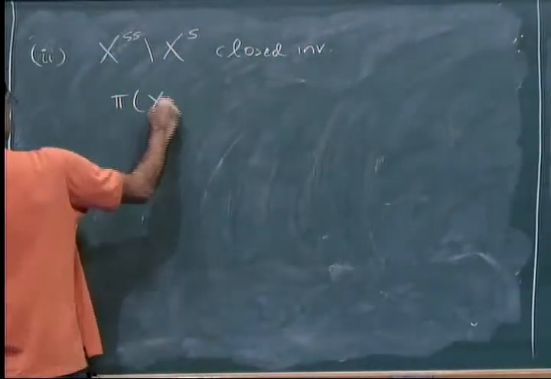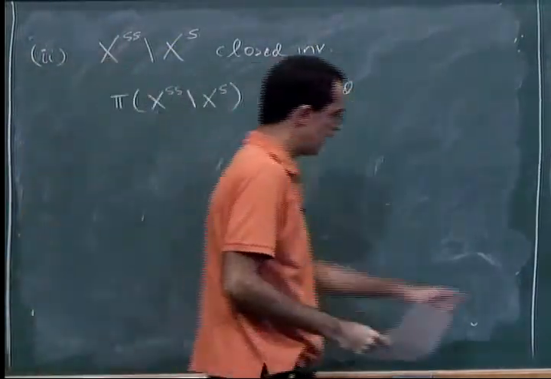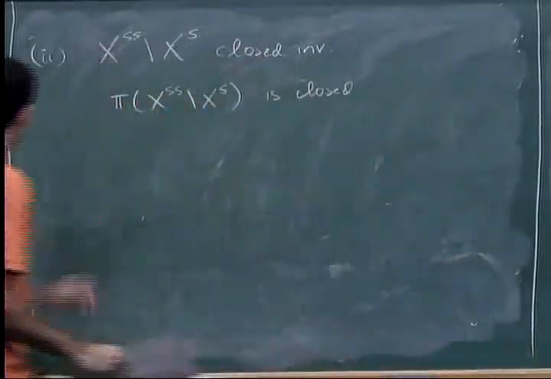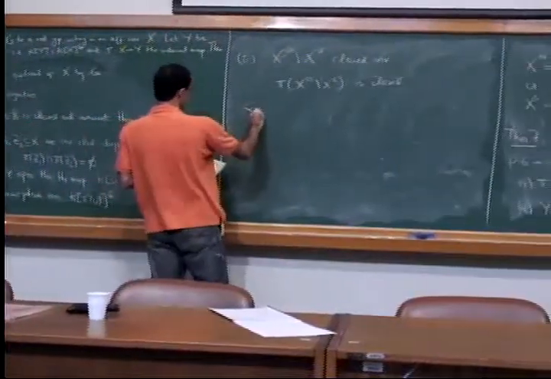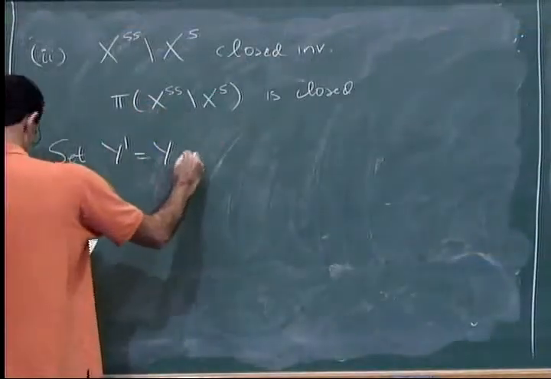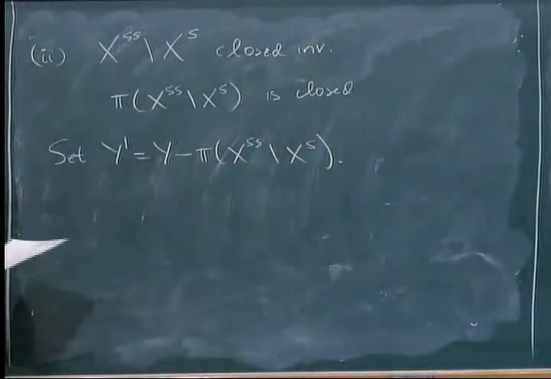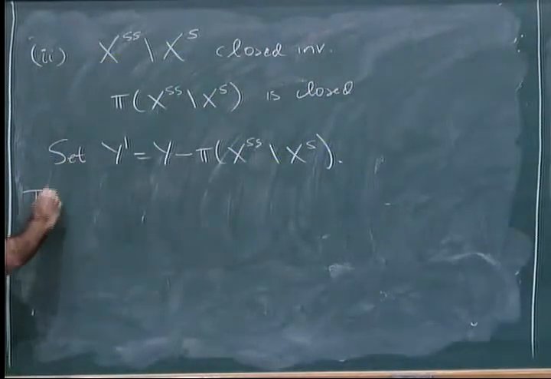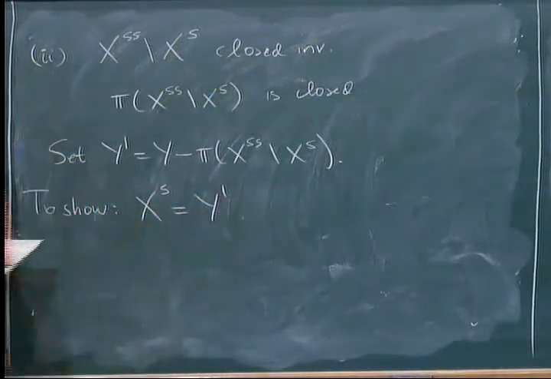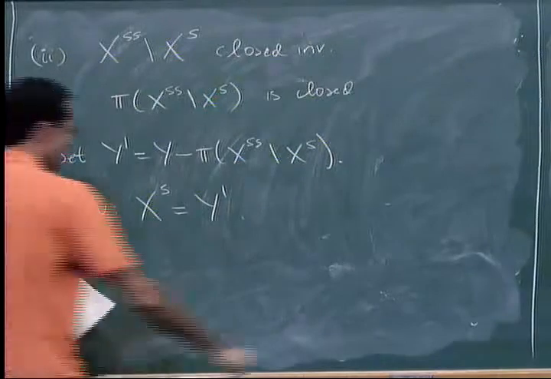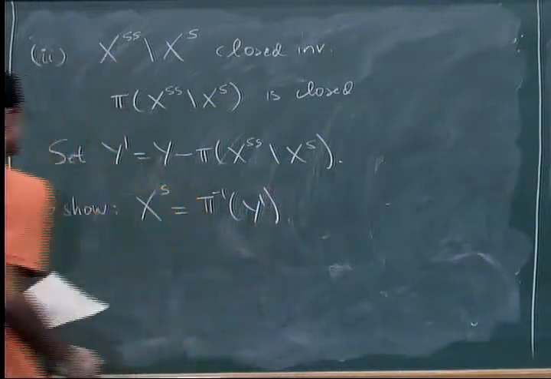Then the image is closed. Once we prove I, we have that it is a good quotient, so the image of invariant closed subsets are closed, right? And I set Y prime to be the difference. Okay? So to show that this difference is exactly XS. Oh, sorry. XS is the inverse image of this.